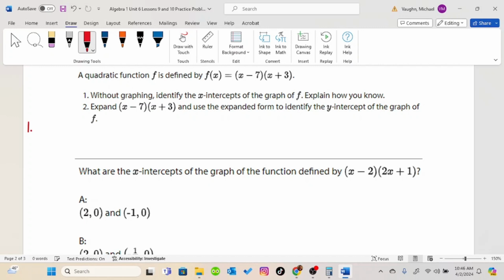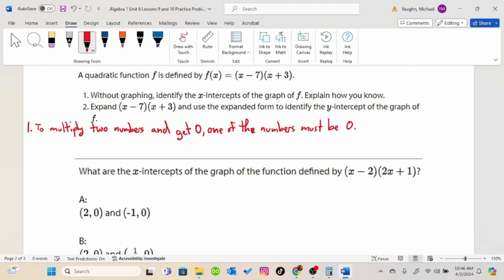X-intercepts have a y value of 0. To multiply two numbers and get 0, one of the numbers must be 0.